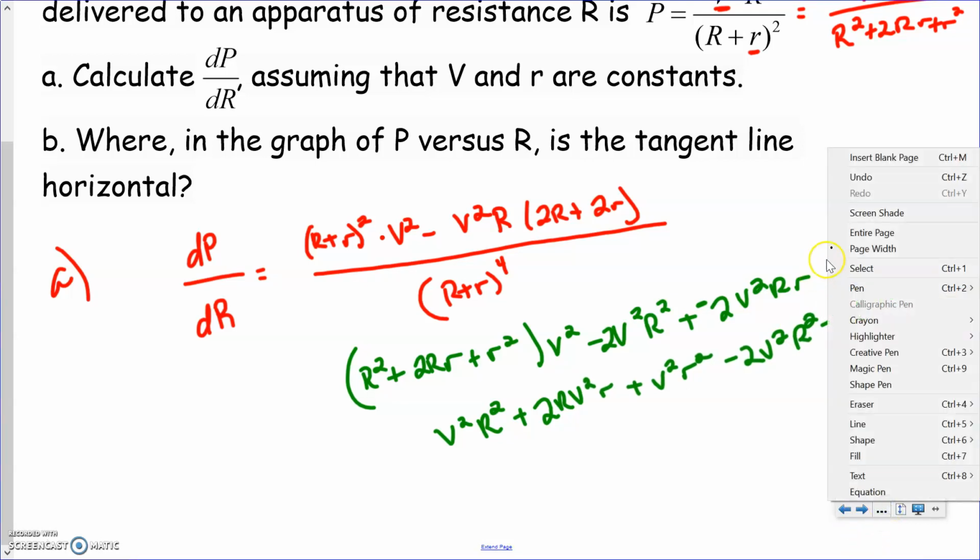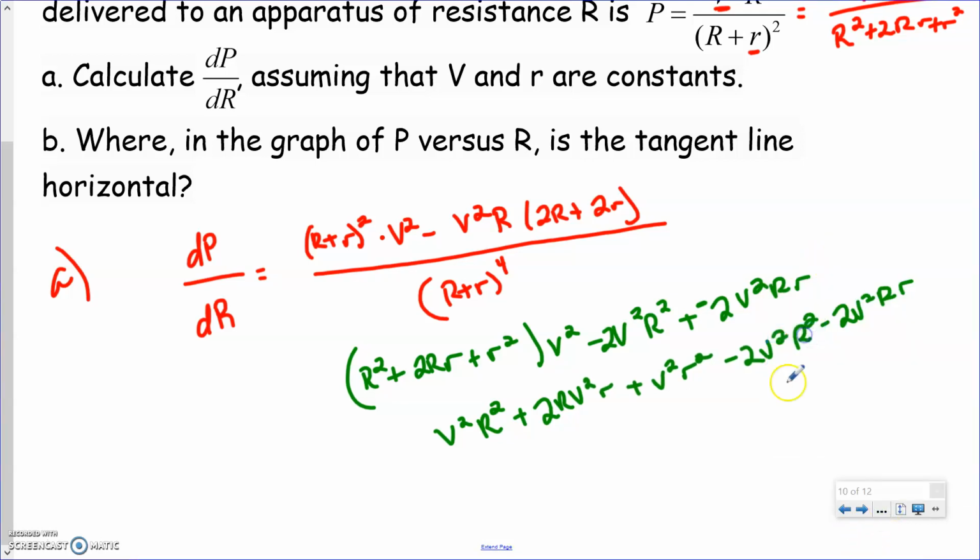So we're going to cancel some stuff out here. So notice that this here cancels with that there. And if I simplify this, I get V squared r squared minus V squared big R squared, which is V squared times r squared minus big R squared.